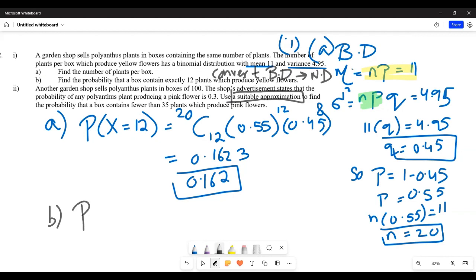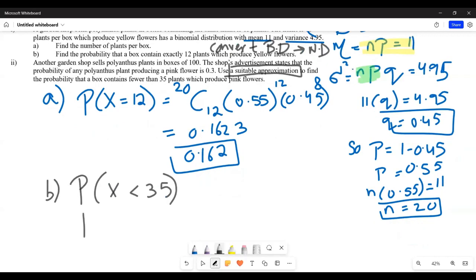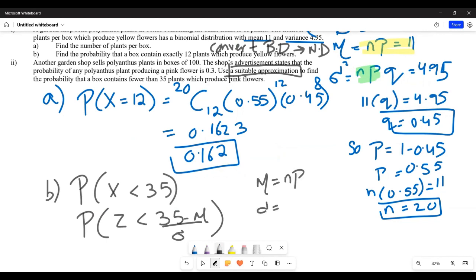So probability X is less than 35. So probability Z is less than 35 minus mu upon sigma. Mu is NP. Sigma is square root NPQ. N is 100, it was given in the question. Probability of success is 0.3, and hence probability of failure would be 0.7.